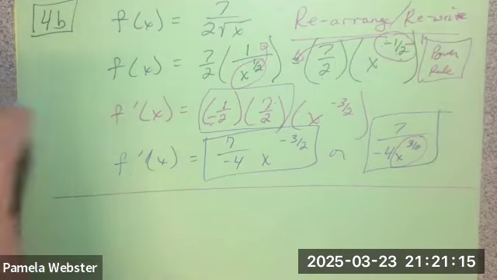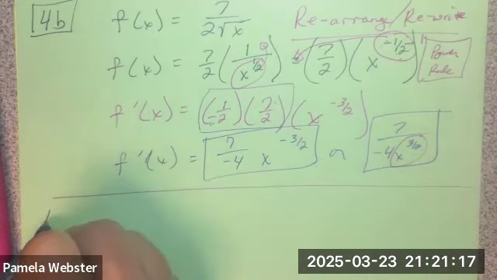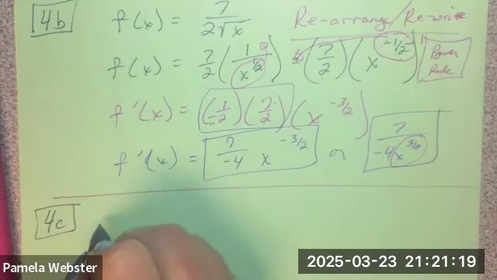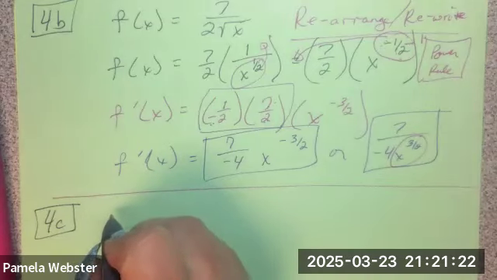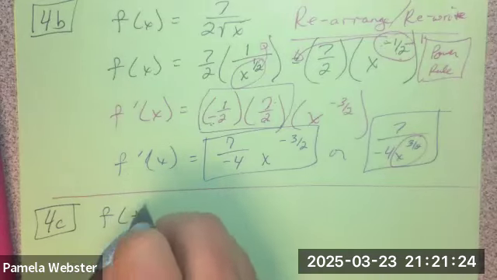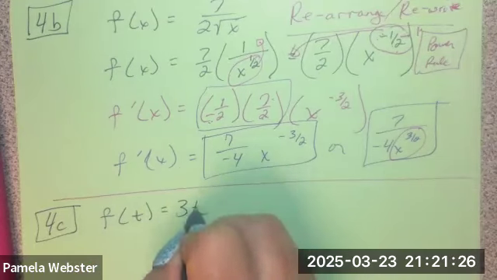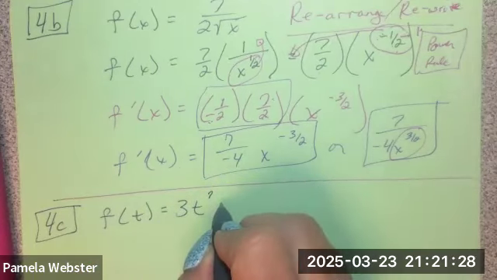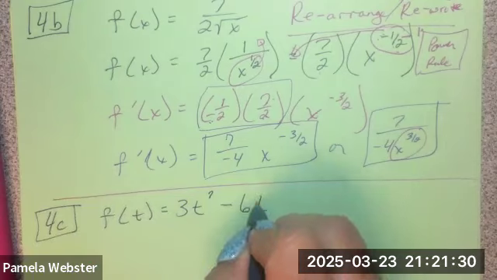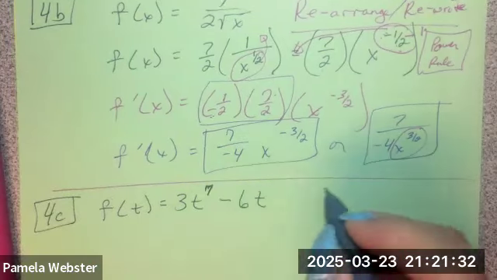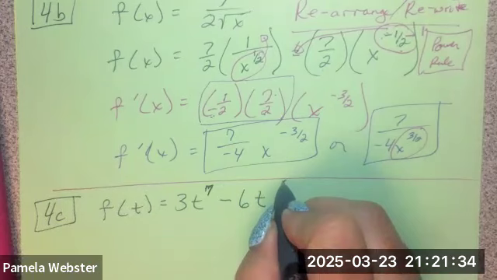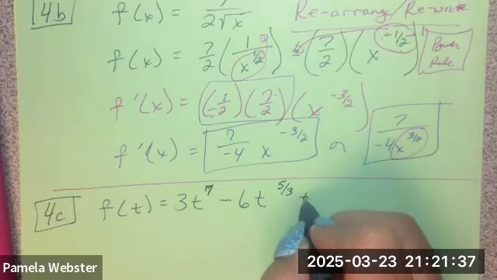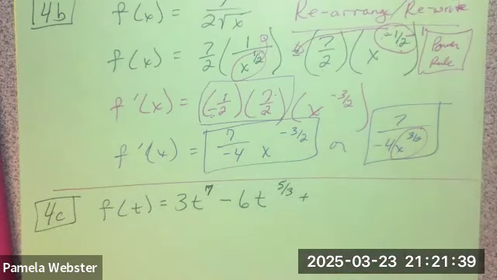All right. 4c says f of t, 3t to the 7th minus 6t to the 5/3 plus, that should be a t.